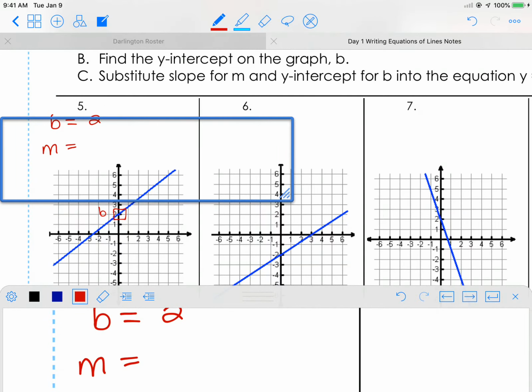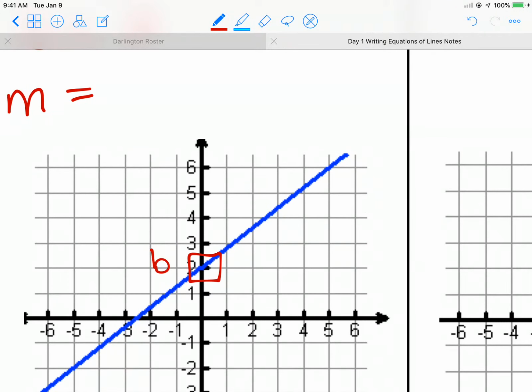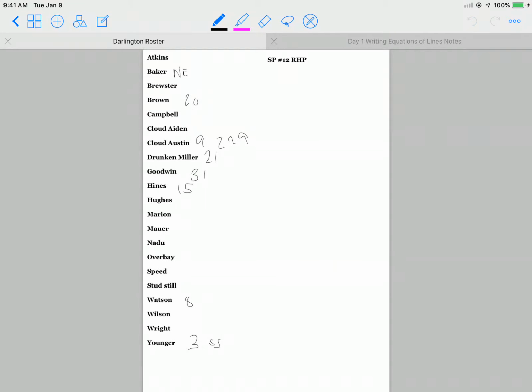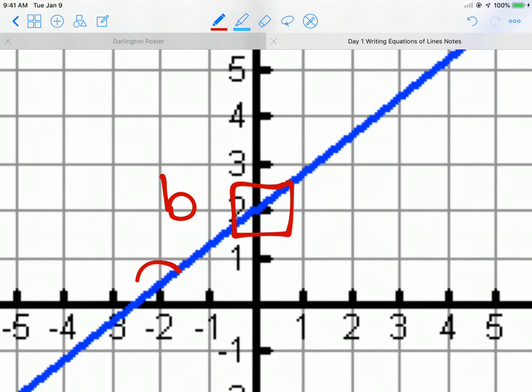Slope. Again, I can pick 2 good points. When it says good points, it means I want 2 points that I for sure know are values. What I don't want to do is pick a random point because then I have to guesstimate.